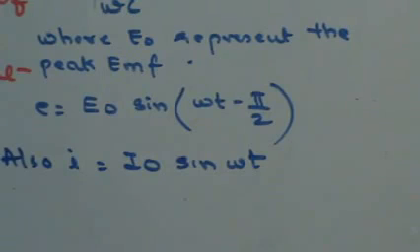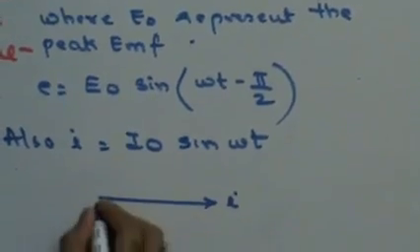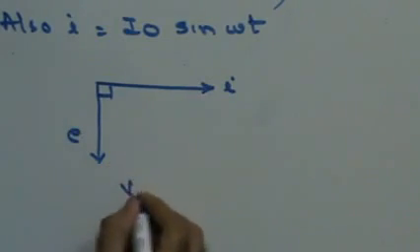That means I can say that the EMF lags the current by 90 degrees. Vectorially, if I want to show you the vector diagram, this would be my current and the EMF would lag this. This is E, this is your vector diagram.